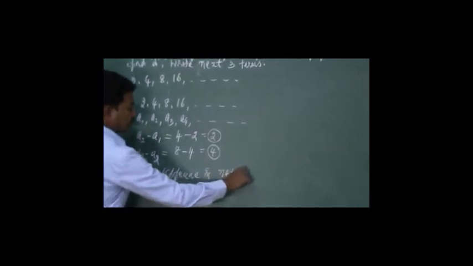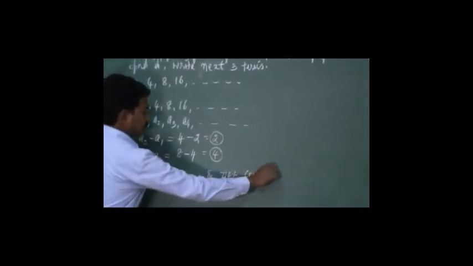So here, common difference is not constant. So when you take A2 minus A1, you get 2, and A3 minus A2, you get 4. So common difference is not constant. Right.